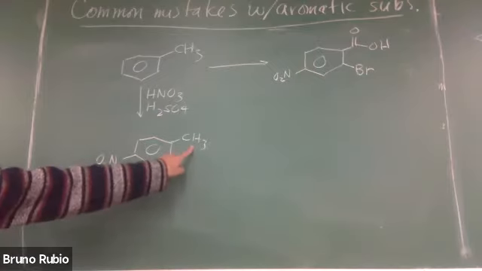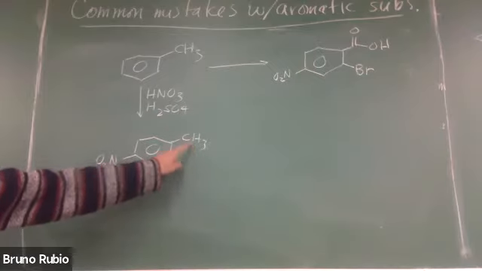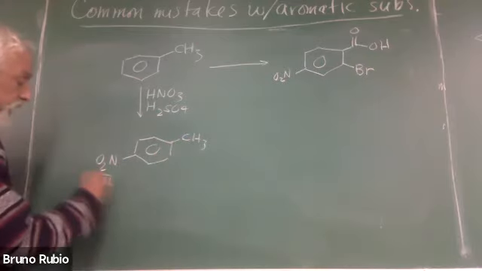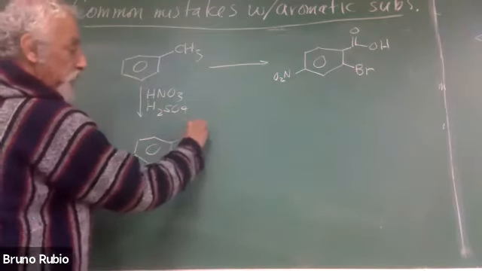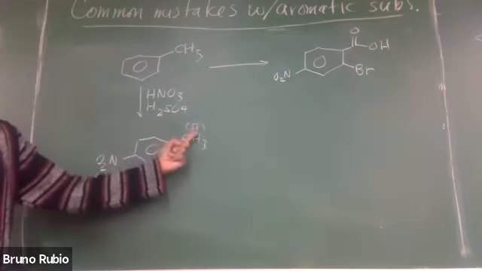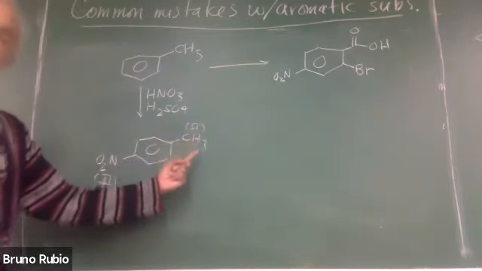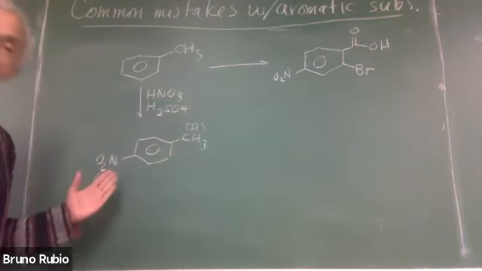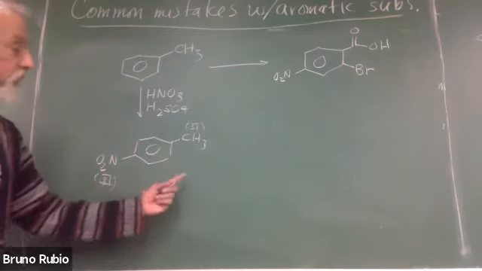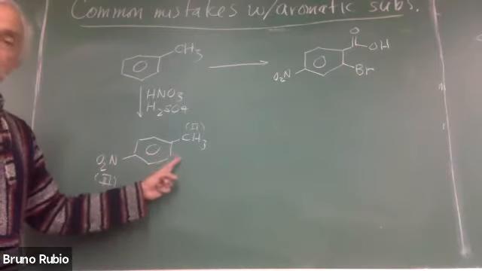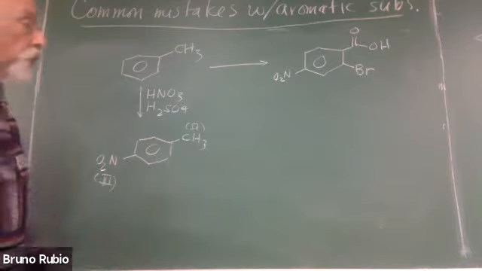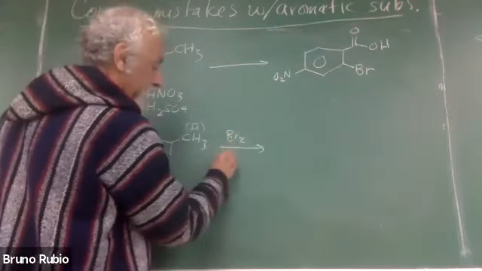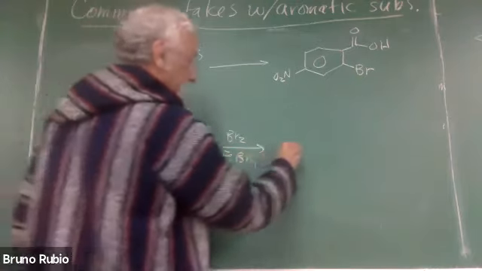That's an ortho-para director, class 2, so the class 2 is going to win. It's saying send the new substituent ortho and para to where I am. The para position is blocked, so the ortho position is going to be the only available site here. And so now I would brominate, and that reaction looks like it's going to work okay.